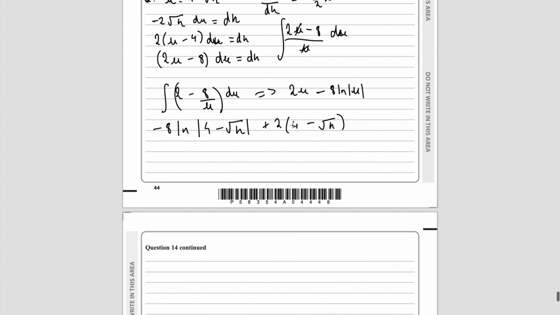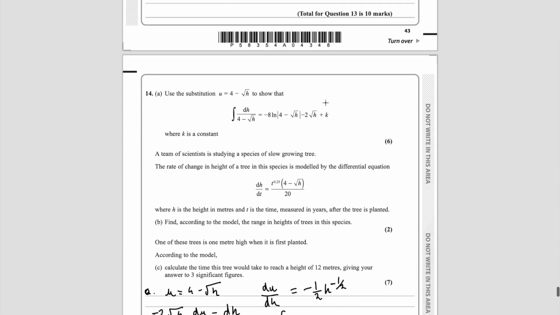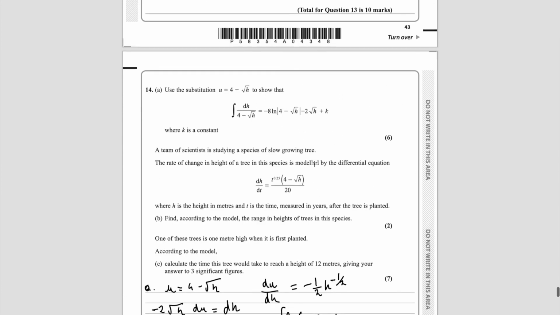We multiply this out. 2 times 4 becomes 8, but that counts as the constant k in the question. So we'll have minus 8 ln 4 minus root h, 2 times minus root h to make minus 2 root h. This 8 plus the c that we have on the end, just remember that plus c there, would become the constant. And that there satisfies that question.